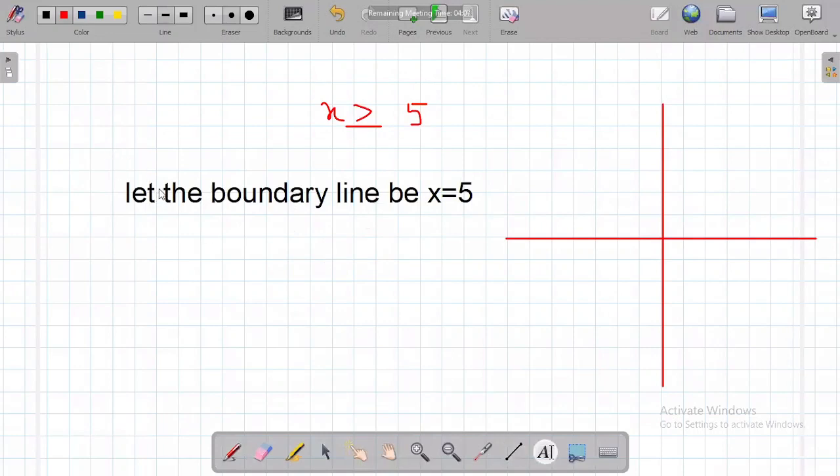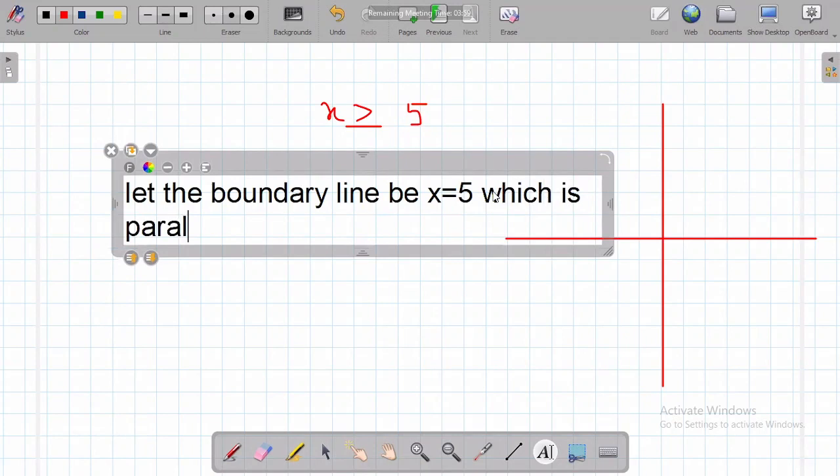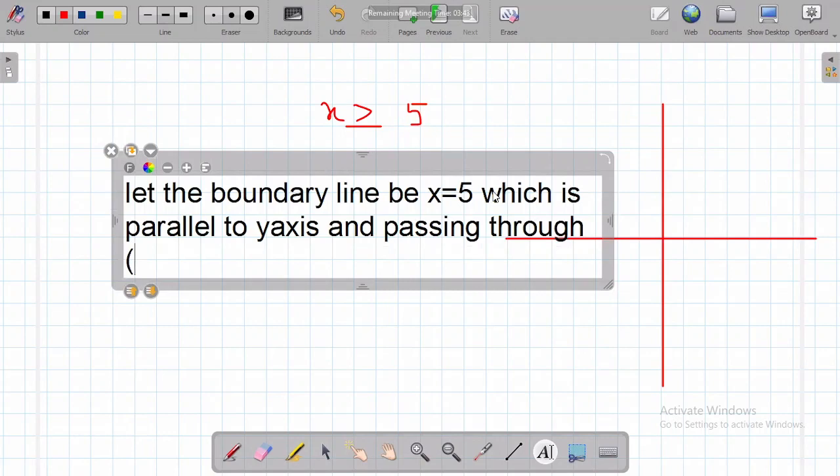So we don't need to make the table. Like this way you can write: let the boundary line be x equals to 5, which is parallel to the y-axis, and passing through (5, 0), because x equals to 5 is there, so (5, 0).